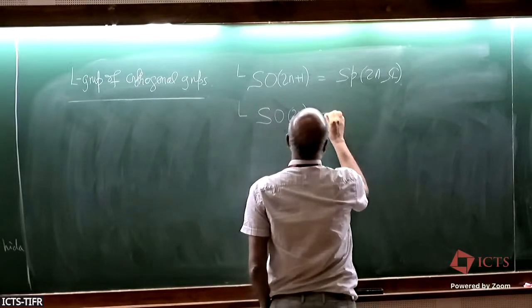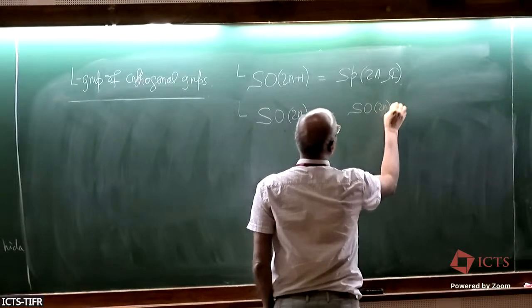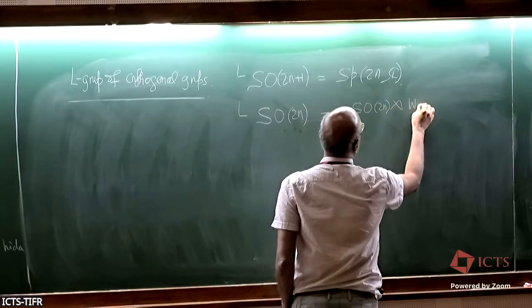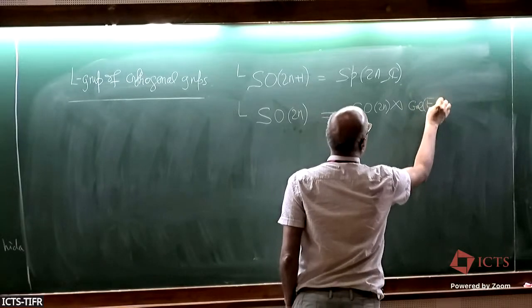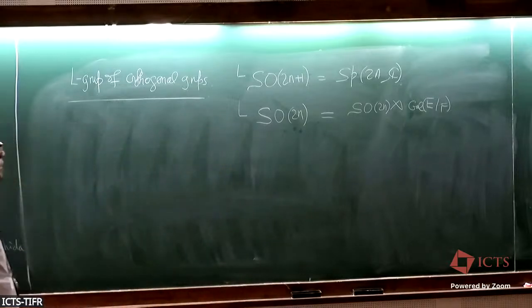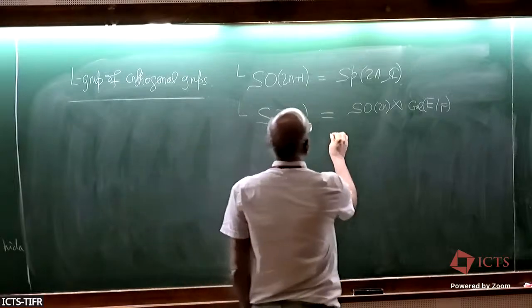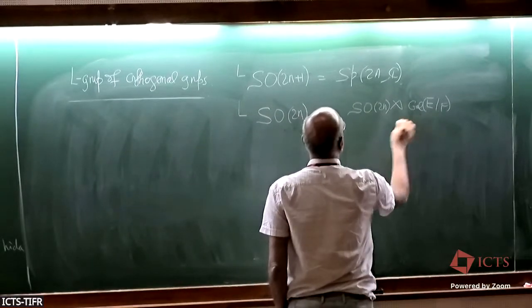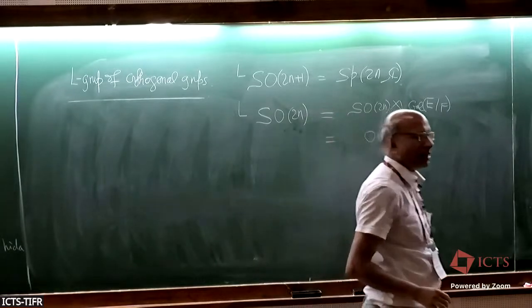So this group is SO(2n, C) semi-direct product with the Galois group of E over F. So there is a particular quadratic extension which may be involved.